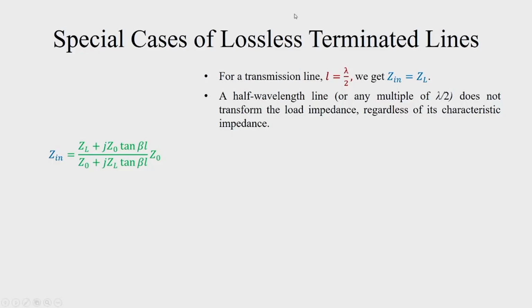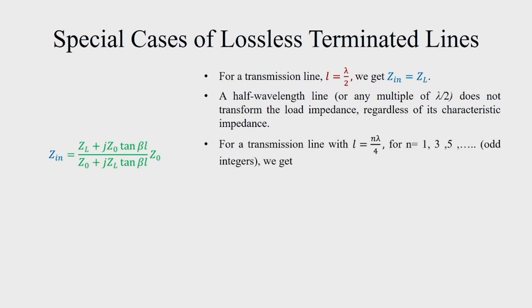We consider another case when the transmission line is an odd multiple of lambda by 4 in length. So, in this case we get, using this equation, Zin becomes equal to Z0 square divided by ZL.